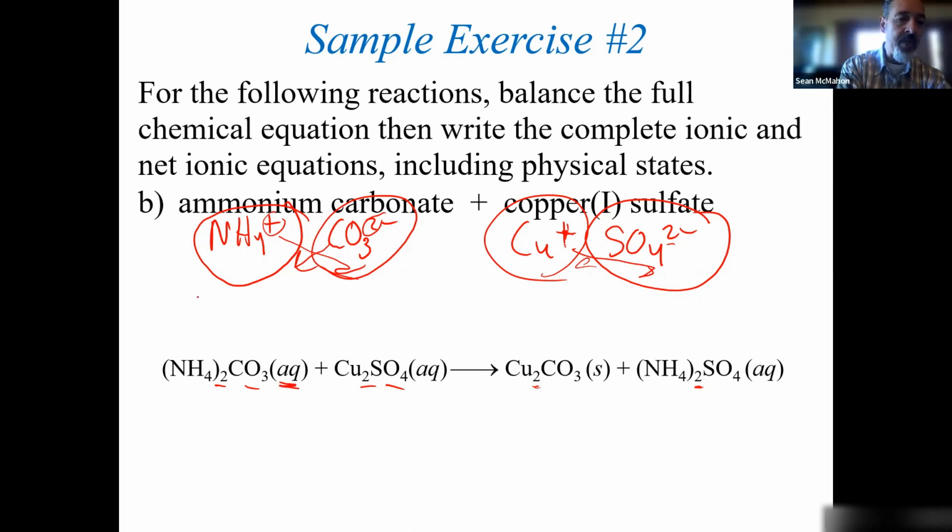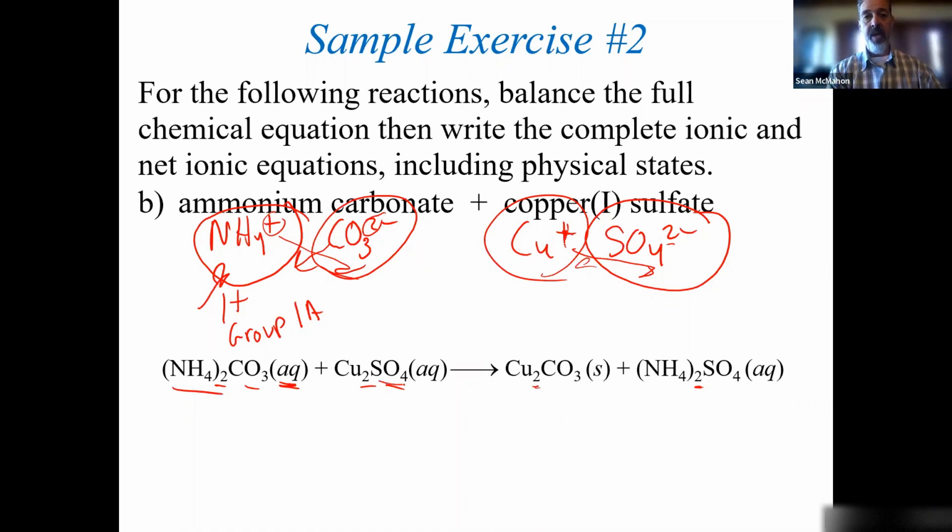Remember, ammonium has a +1 charge like what group? Group 1A. And group 1A, according to NAG, is always soluble, so is ammonium. So this ammonium is going to split up. It doesn't matter if it's in a solid with phosphate, hydroxide. As soon as I throw it in water, boom, dissociates.